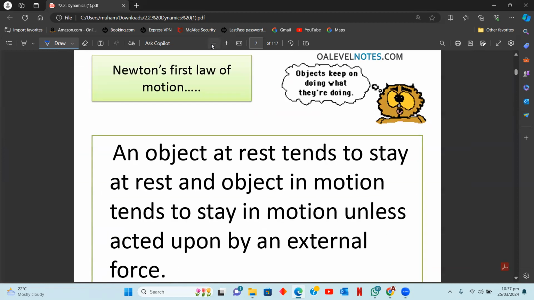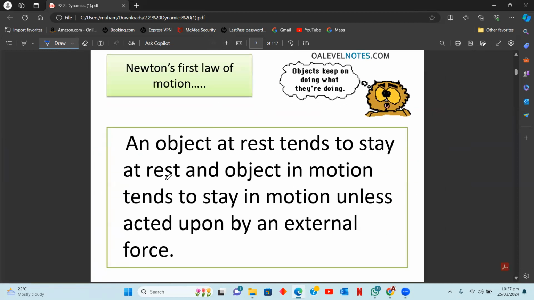The first law states that an object at rest tends to stay at rest, an object in motion tends to stay in motion unless acted upon by an external force. Now, what's important in this law is that an object at rest, or an object in motion, tends to stay in that state unless acted upon by an external force.